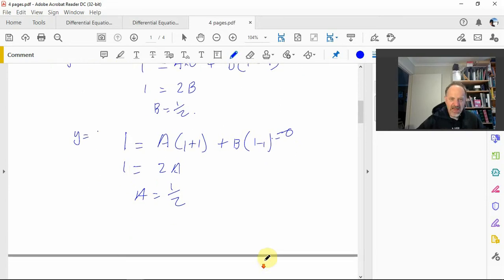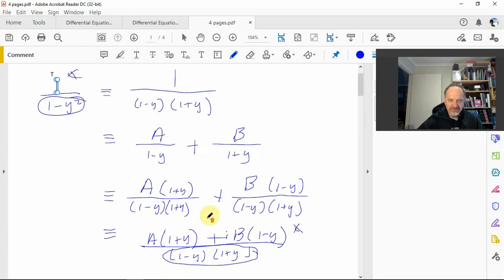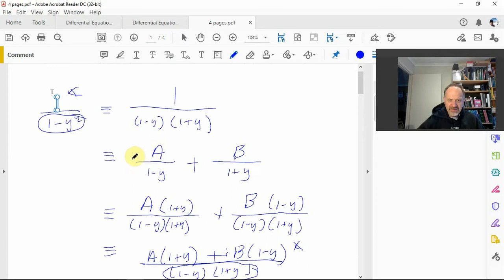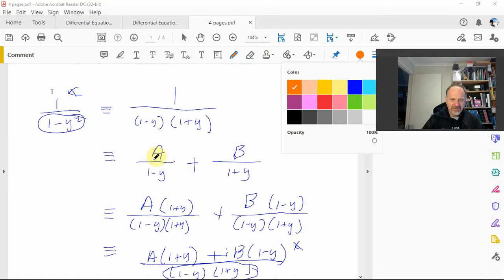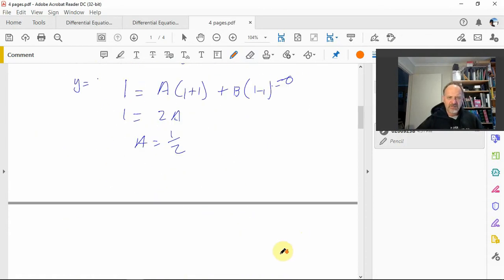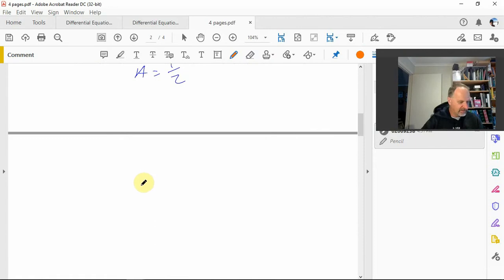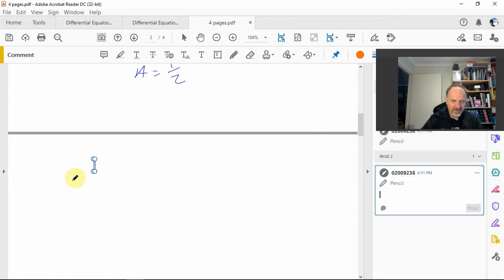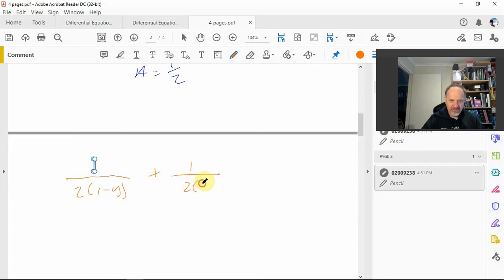So how do we then put that? So if a is a half and b is a half, we go 1 half, and 1 half, like so. So then what we have is 1 over 2 times 1 minus y plus 1 over 2 times 1 plus y.